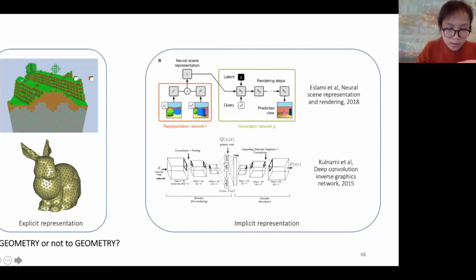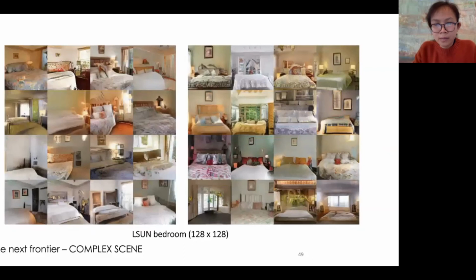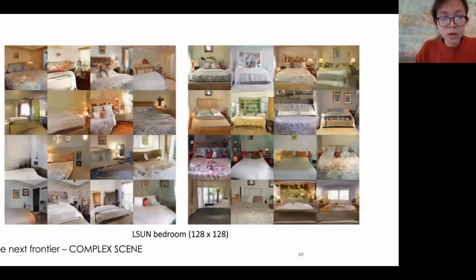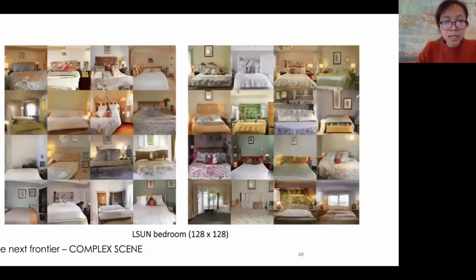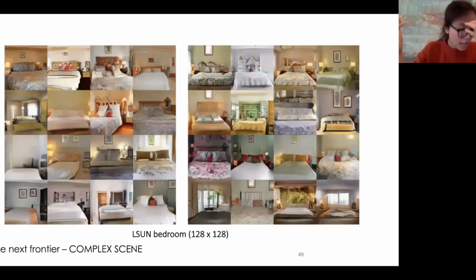So having this kind of hybrid representation that maintains a certain ability to rotate and manipulate the 3D representation, but at the same time has the expressiveness of the colors and the background, that would be super useful. And this is shown by the results on the LSUN bedroom data set, right? We just don't have enough data for the geometry of indoor scenes. So if we want to do any learning on explicit geometry, it's just really hard to do because we don't have enough data.